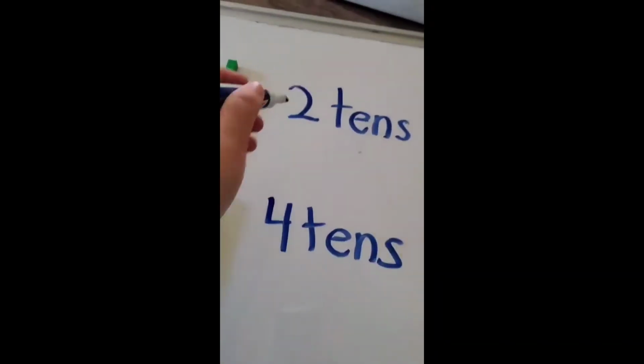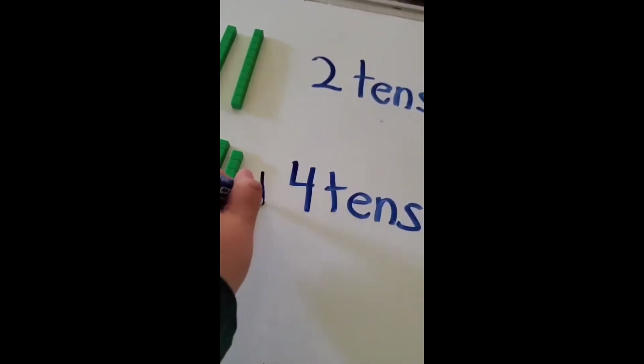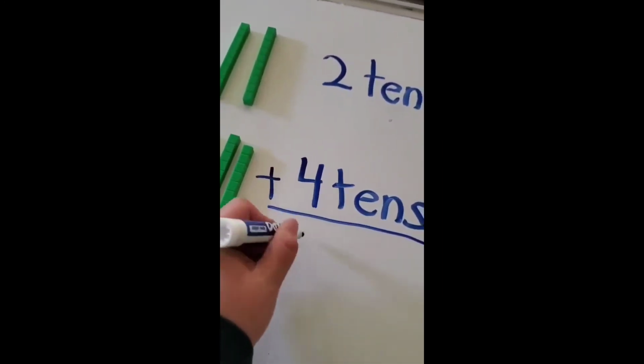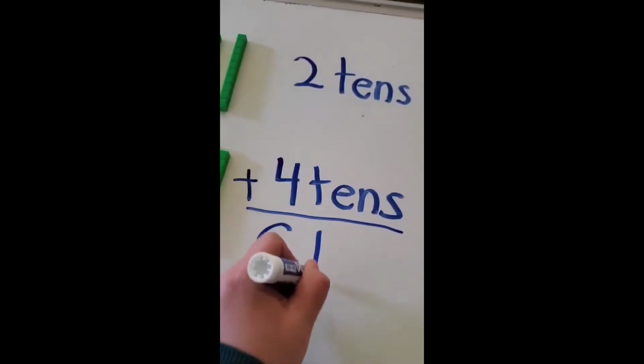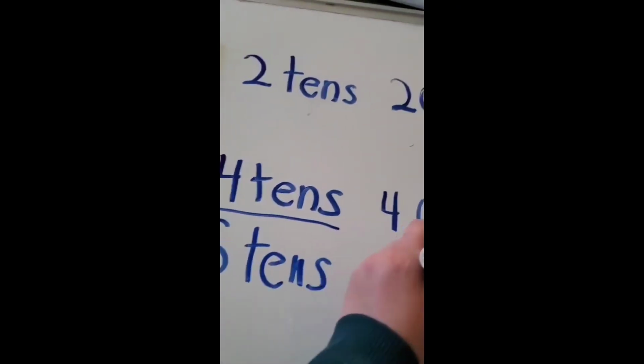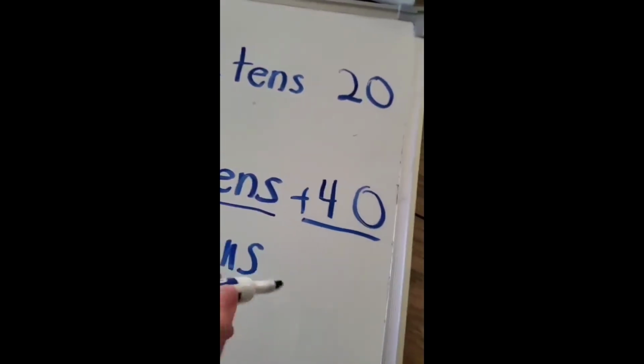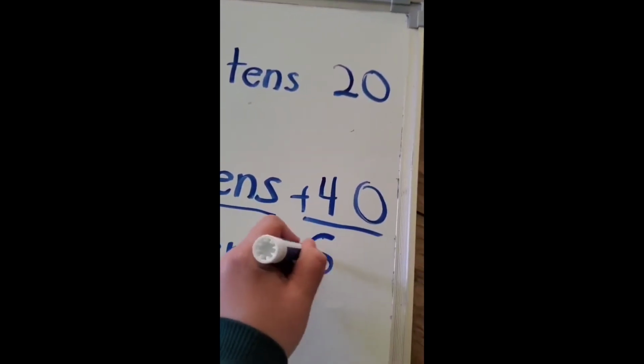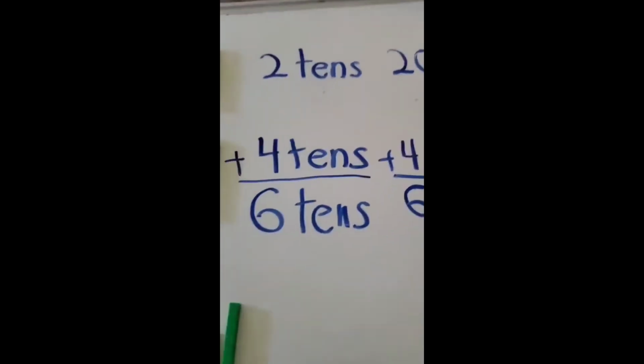Okay, so 2 tens plus 4 tens is equal to 6 tens, and is also equal to 60. Isn't that amazing? It is so amazing.